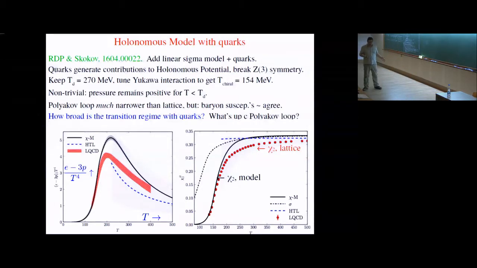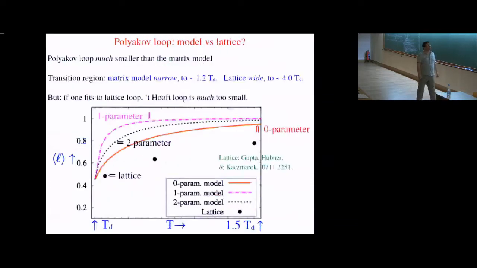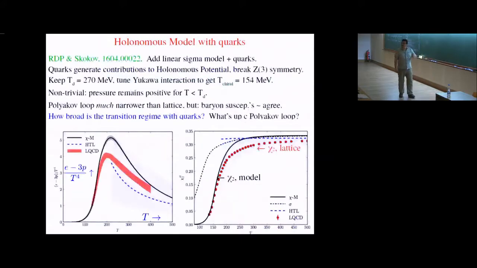And in particular, you might worry that this term can generate a negative pressure and drive the pressure with quarks negative as well, since it's such a much lower temperature. That's not what happens. This is a plot of e to the minus 3p over T to the fourth. Once you add quarks, it does not behave like 1 over T squared.